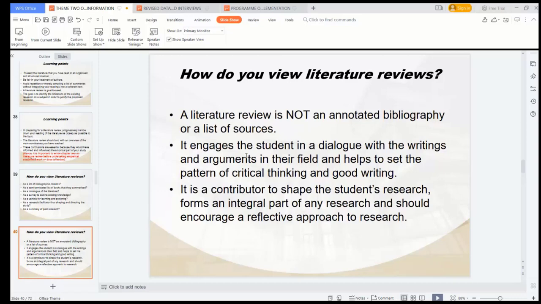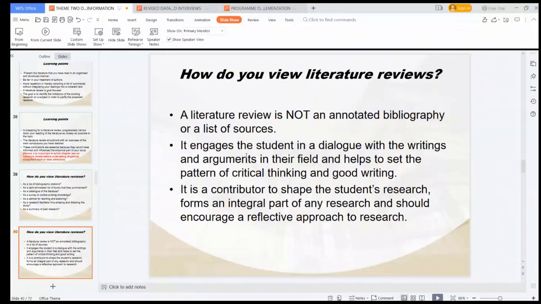You must think deeper, because I believe that your literature should assist you to respond to the research objectives. That is in summary what I can say. It is a contributor to shape the student's research, forms an integral part of research, and should encourage a reflective approach to research.